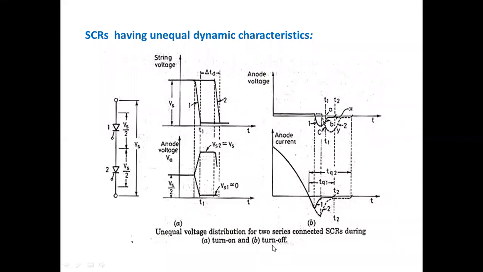Why? Because suppose you go to any high voltage substation of 220 kV or 110 kV. There are also switches which operate with circuit breakers and relays.